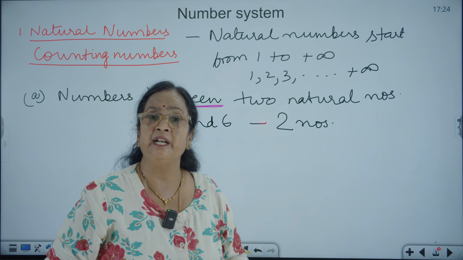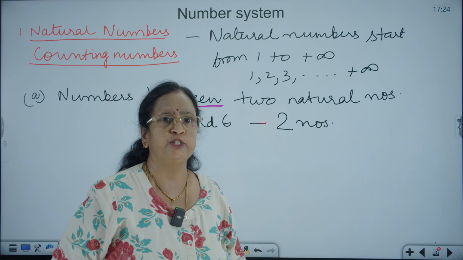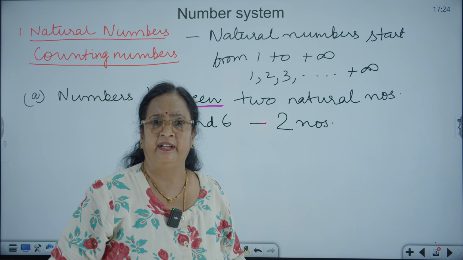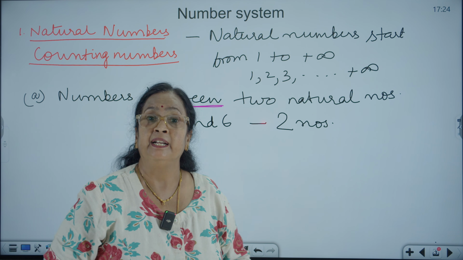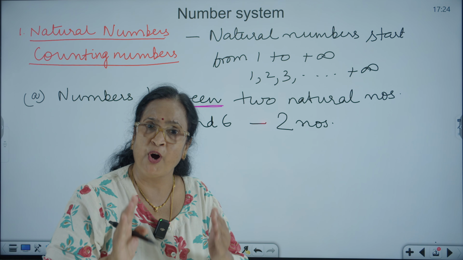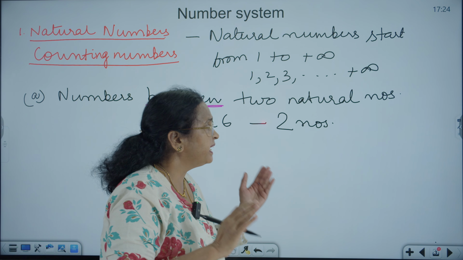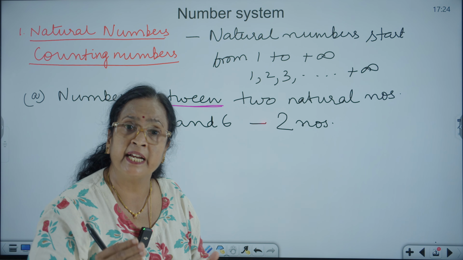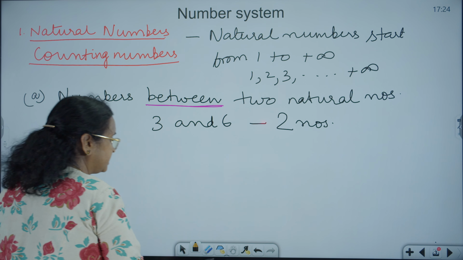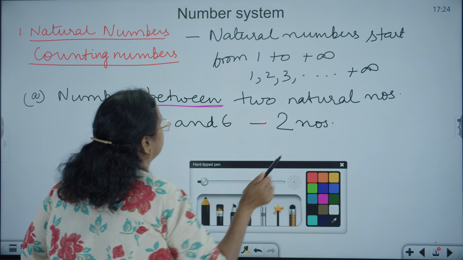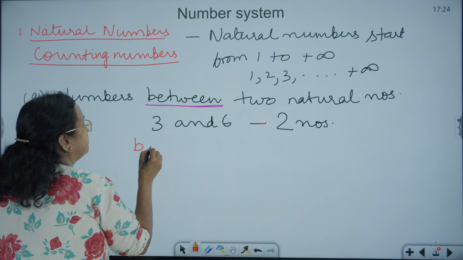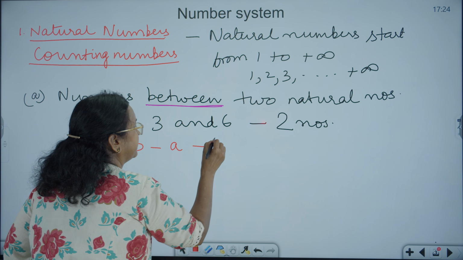What if they are larger numbers? Suppose from 92 to 128 or 305 to 811. How will you know that? For that, I have a formula for you which is very easy and you can solve in a single shot. In 1 second you can solve. The formula says B minus A minus 1.